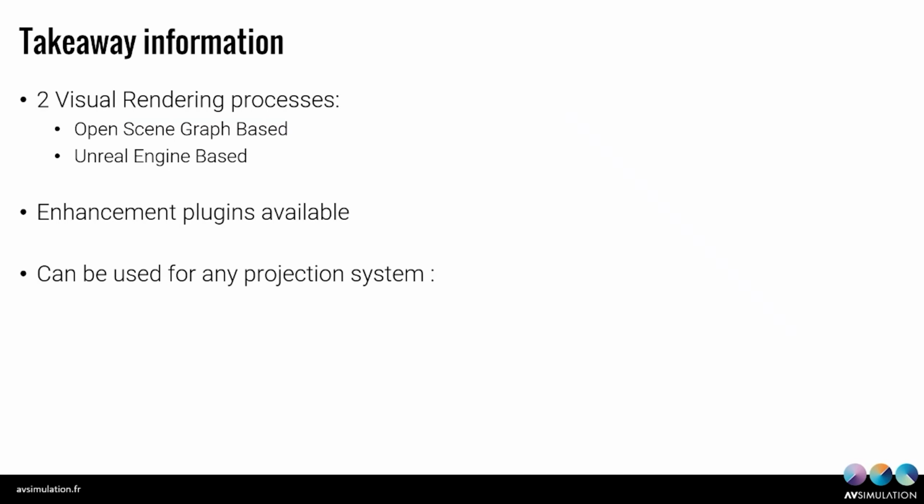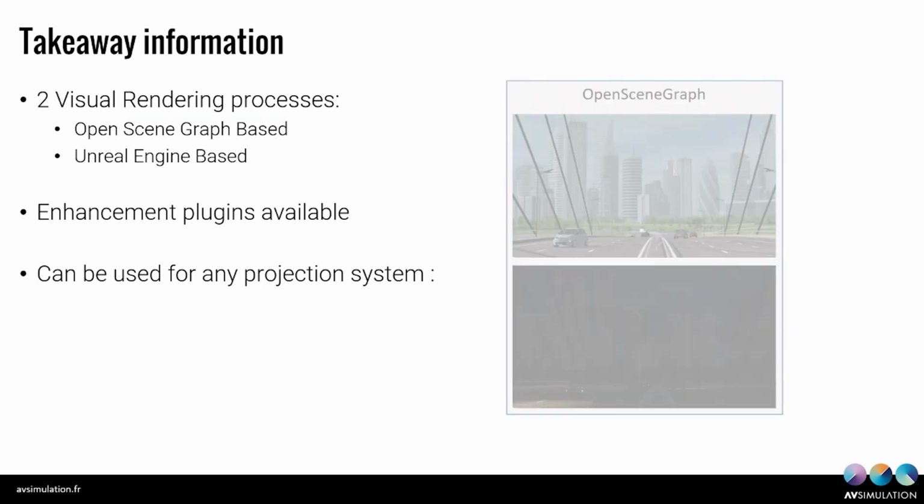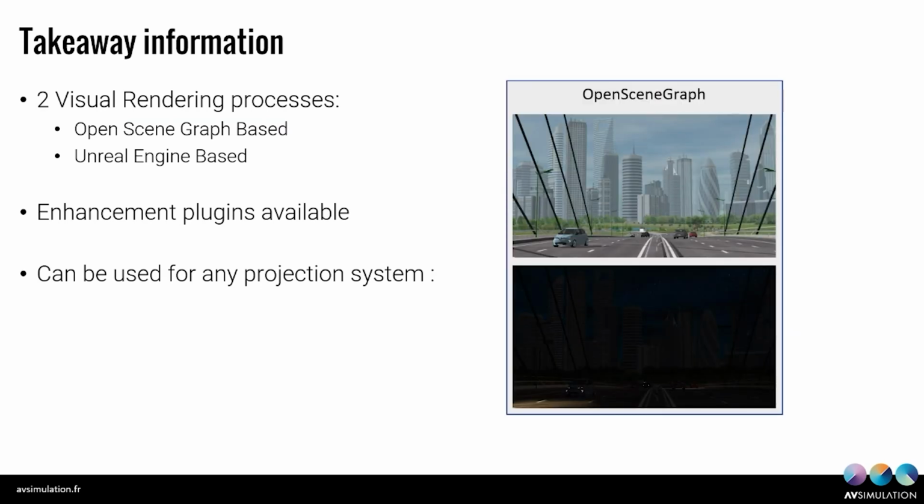We have configured a visual rendering process using SCANeR Studio, and we talked about two different visual rendering processes. One is OpenSceneGraph based, which is the one we used during this workshop.